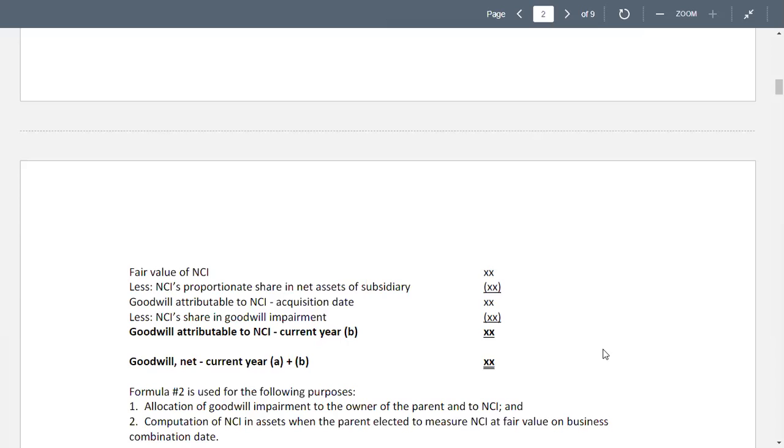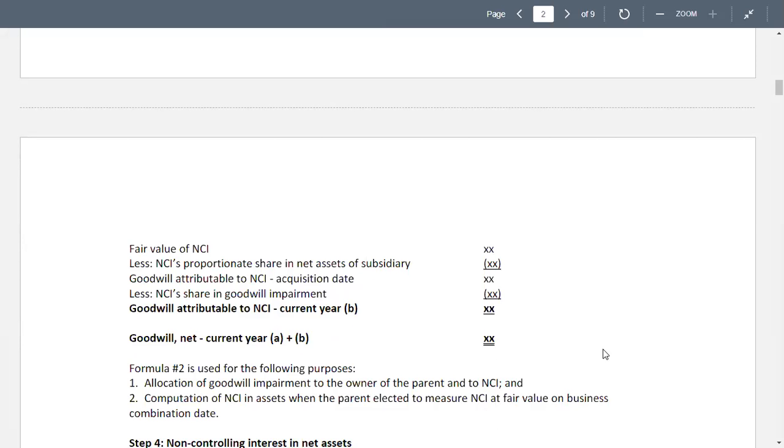The difference is the goodwill attributable to NCI current year, and that's letter B. So for the goodwill net at the end of the current year, we have to add A and B. So we have A, the goodwill attributable to parent, and B, goodwill attributable to NCI current year.